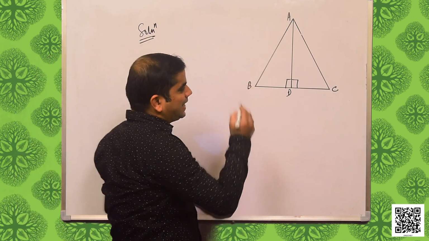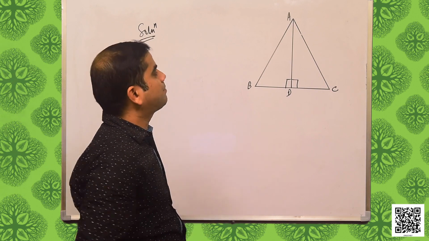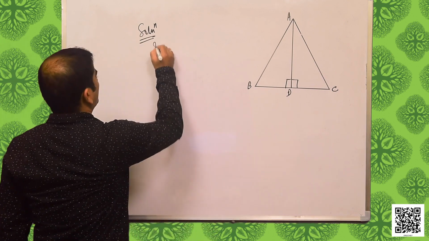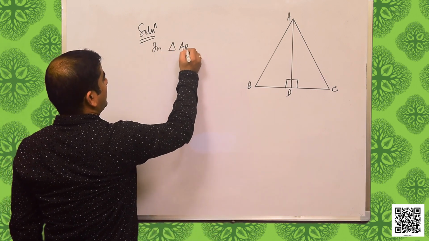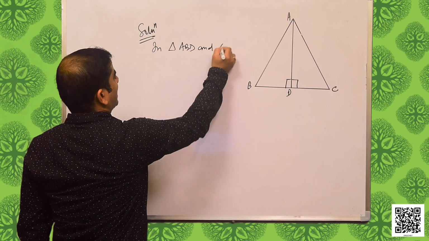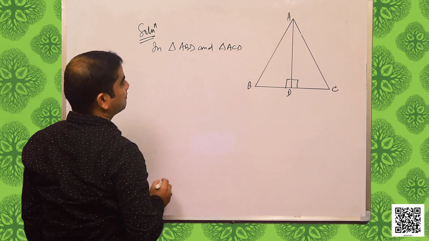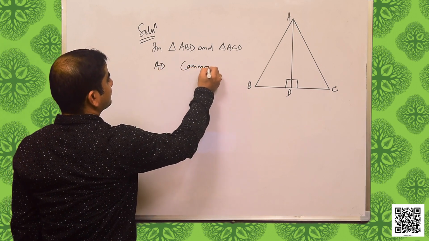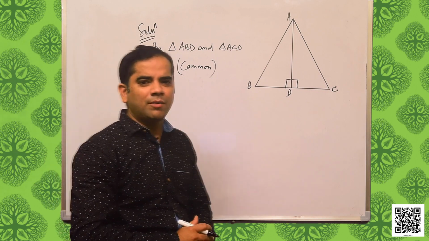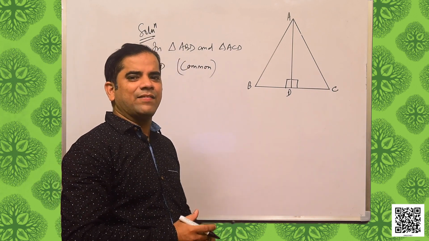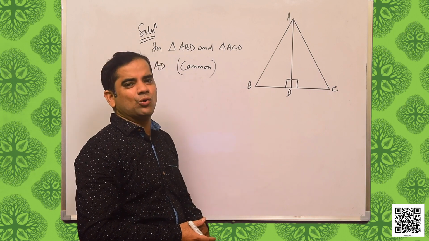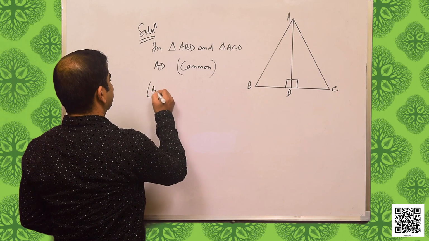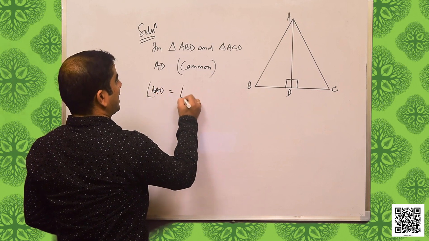As AD is perpendicular to BC, after construction we have two triangles ABD and ACD. So in triangle ABD and triangle ACD, AD is common, and it is given that angle BAD is equal to angle CAD.